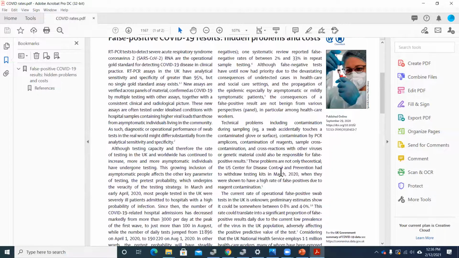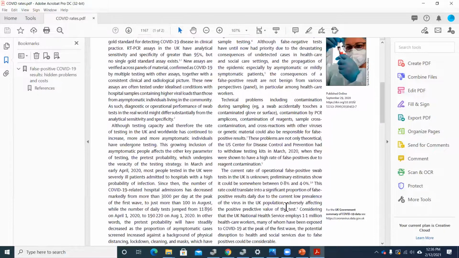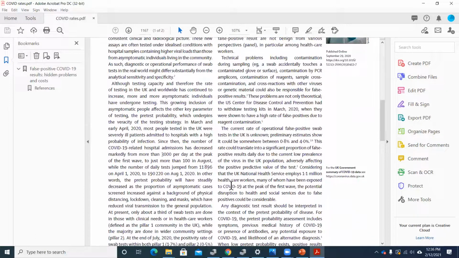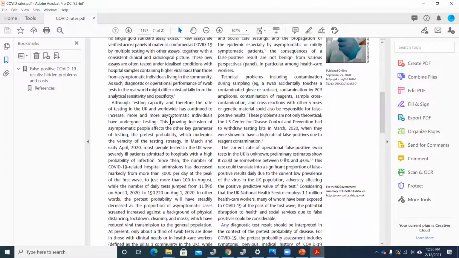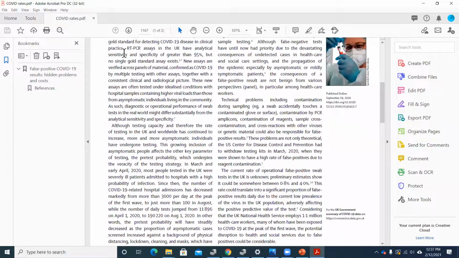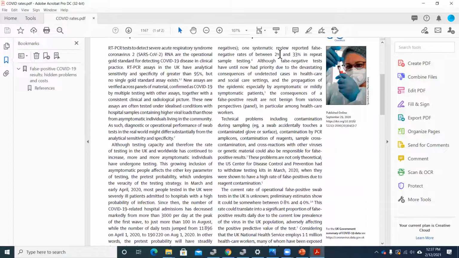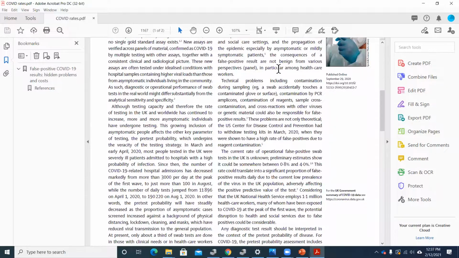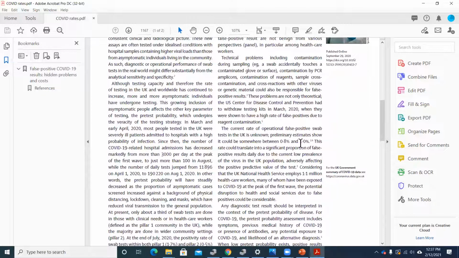There was a 95% in there somewhere, for how accurately they're identifying the positive cases. Wait, no, sorry. The false negative was 2%. The other one we want is the false positive, which is between 0.8 and 4. So we'll actually use 2% for both of them, right?